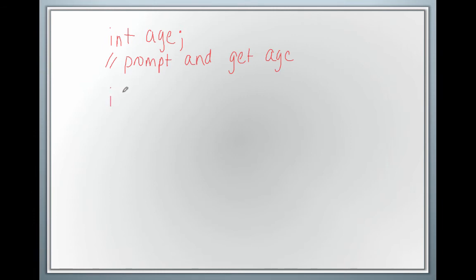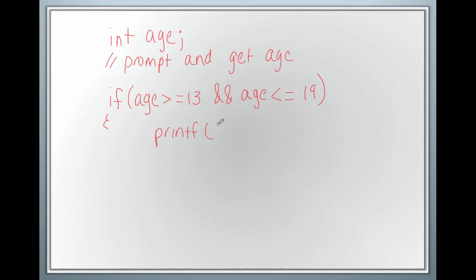I could say if age is greater than or equal to 13 and age is less than or equal to 19, then I could printf teenager, just for example. Else printf not a teenager.